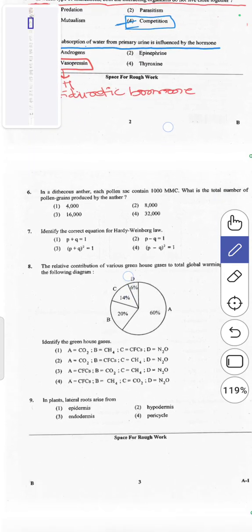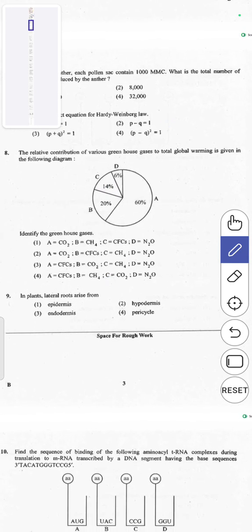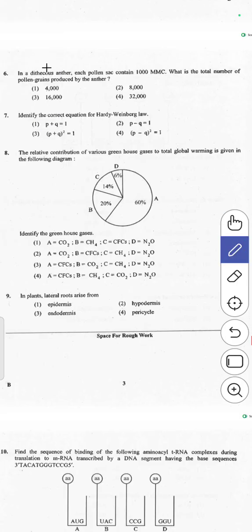Next question, that is the sixth one. Read out the sixth question. In a dithecous anther, each pollen sac contains 1000 mmC, that is microspore mother cell.